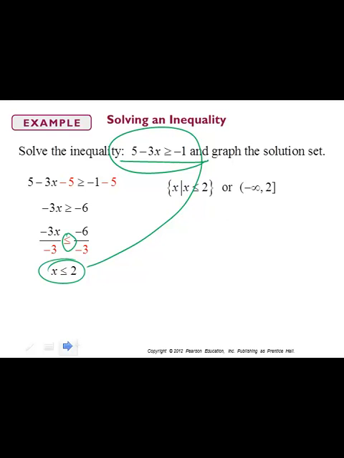Okay, and then we have our solution set. You can express your solution set using that set builder notation like that, or you could use that interval notation, or you can even graph it using the real number line, placing that square bracket at 2 and then shading to the left. Okay?